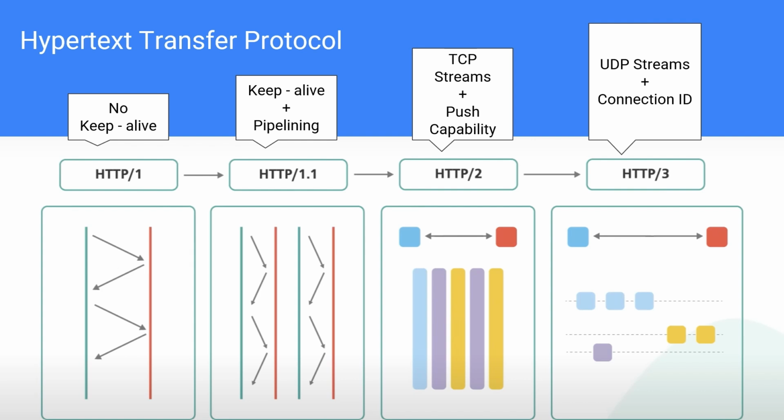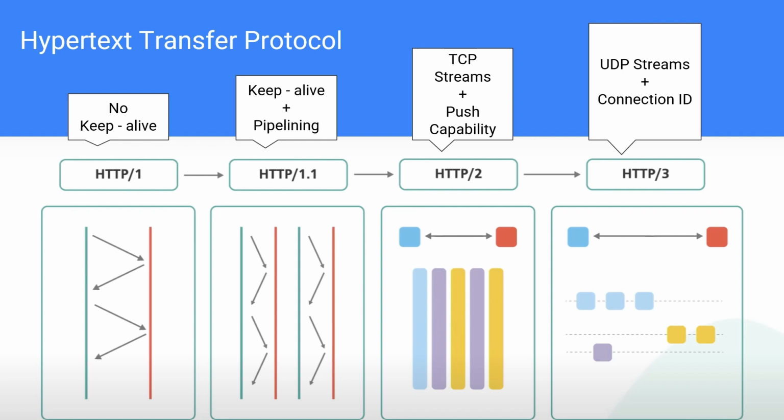Then in HTTP 2, the TCP streams plus push capability came up. TCP streams is something in which each individual request had its own stream. In HTTP 1.1 we have a drawback of head of line blocking. Head of line blocking means if one request is blocked, all the rest of the requests coming behind it in the same TCP connection will also keep waiting for the first request to get a response or for why it was dropped.